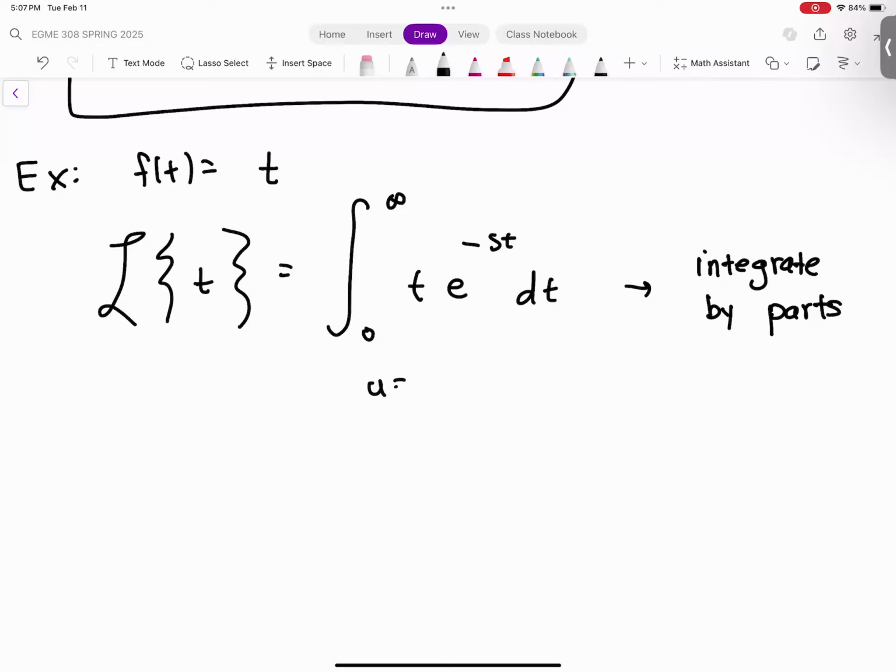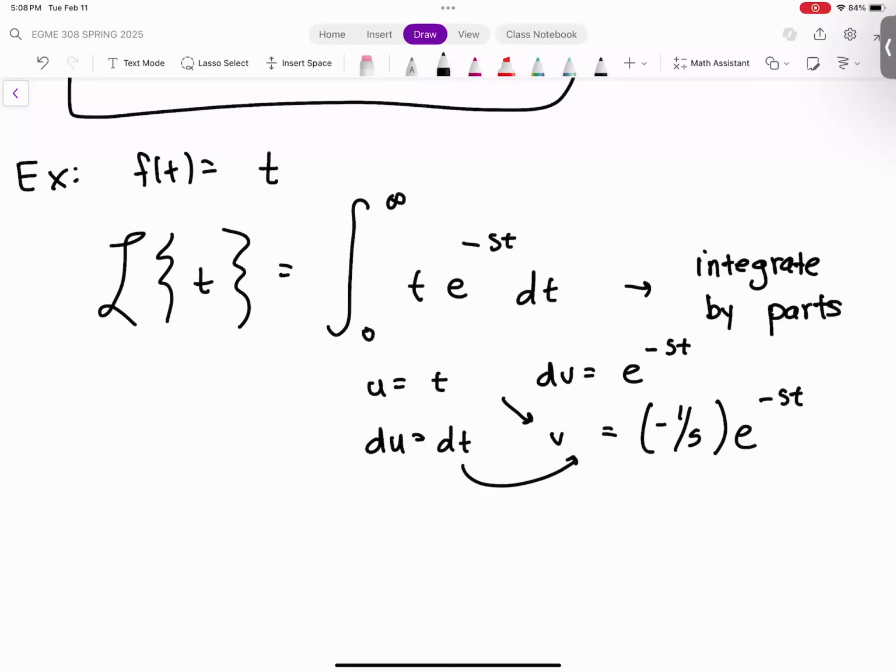So we have u is equal to t, du is equal to dt, dv is equal to e to the minus st, and v is equal to minus 1 over s, e to the minus st. Okay, so let's do this.